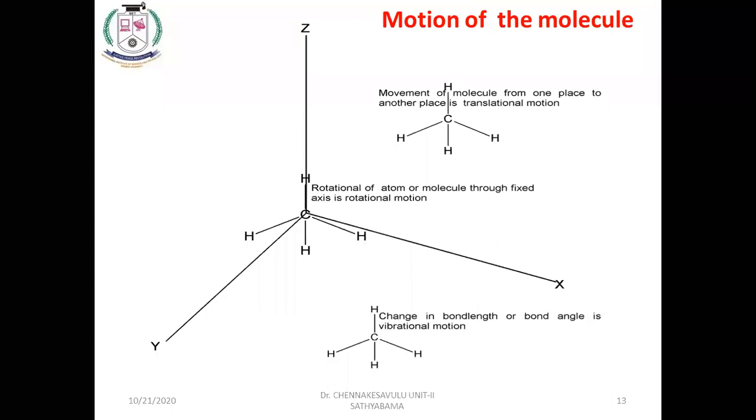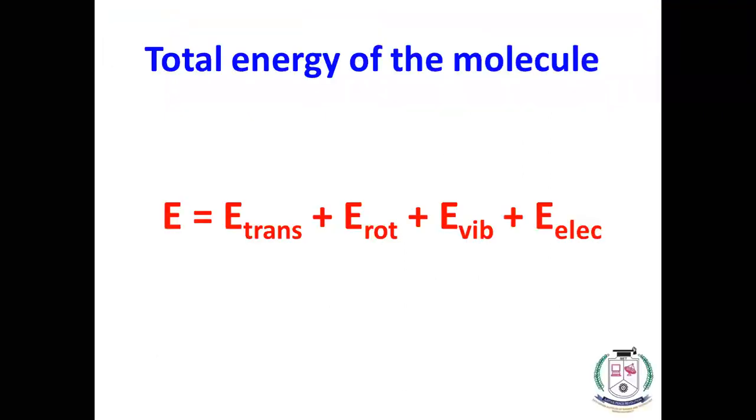And due to vibrations, that is known as vibrational energy. The total energy of a molecule will be the energy of translational plus energy of rotational plus energy of vibrational plus energy of electronic. This is the total energy of the molecule.